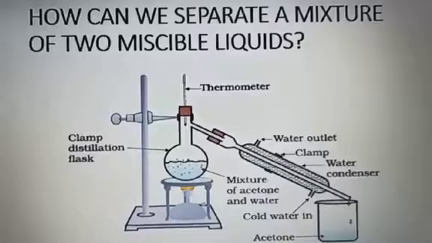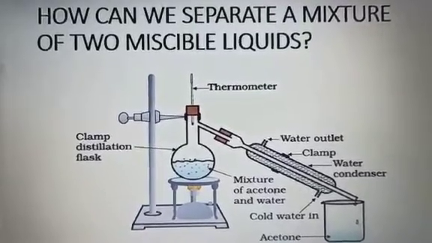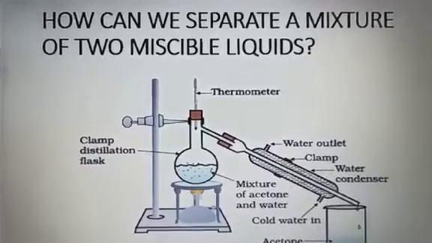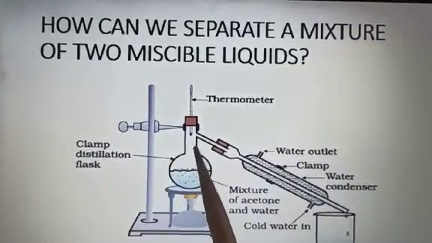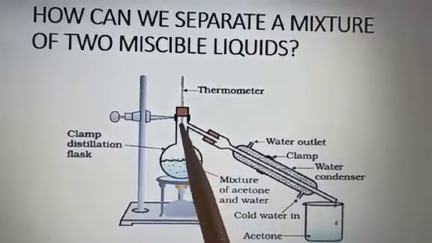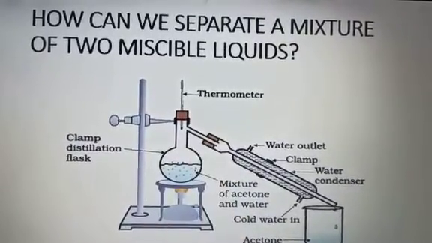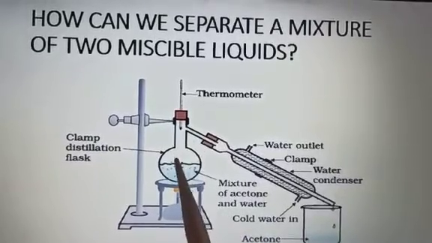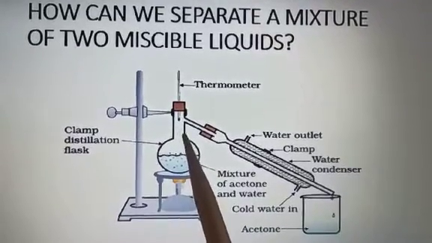As you know from the previous chapter on latent heat of vaporization, unless and until all the vapors of the substance have come out, the thermometer reading will stay at the same point. Here acetone is coming out, and acetone has a boiling point of 56 degrees Celsius.